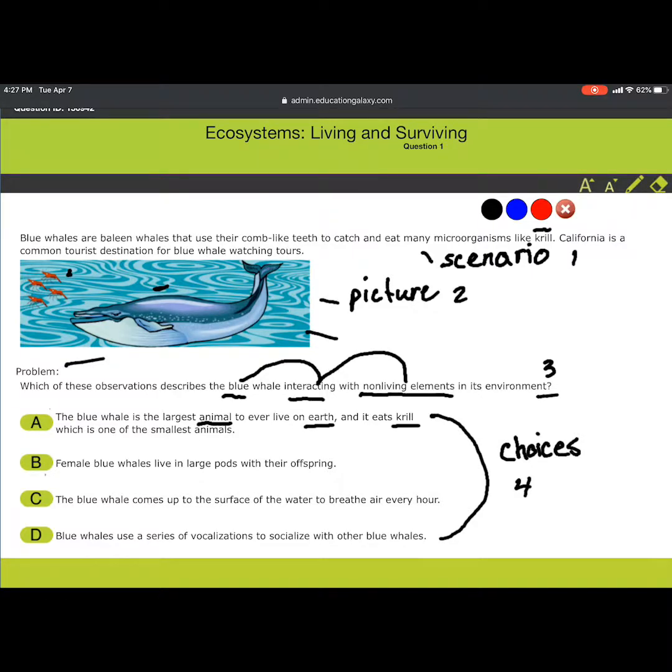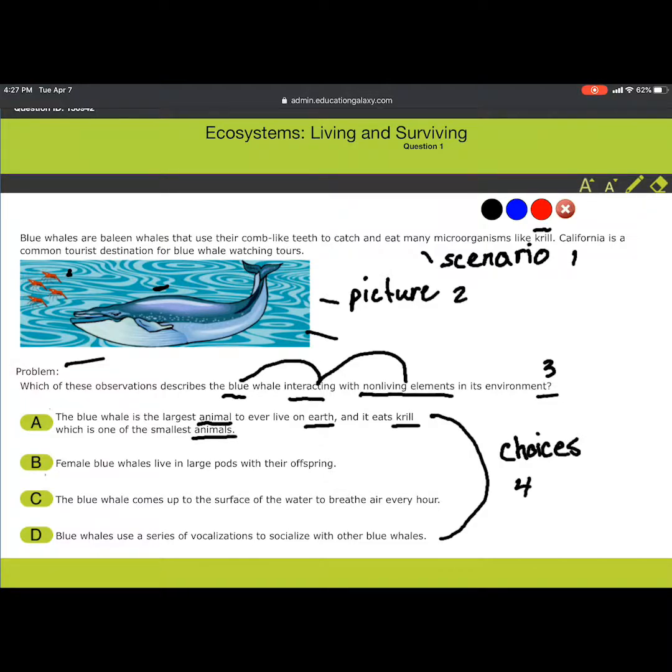So let's analyze this option. It says the blue whale is the largest animal to ever live on Earth. It's giving us information, and it eats krill.